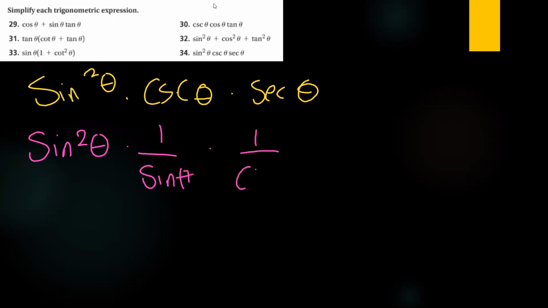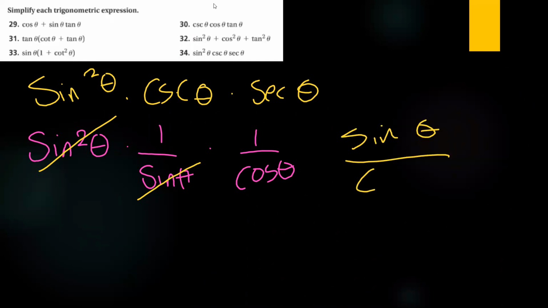Now, sine squared times cosecant, which is 1 over sine, times secant, which is 1 over cosine. Then sine cancels sine, so we have sine over cosine, which is tan of theta. That's it.